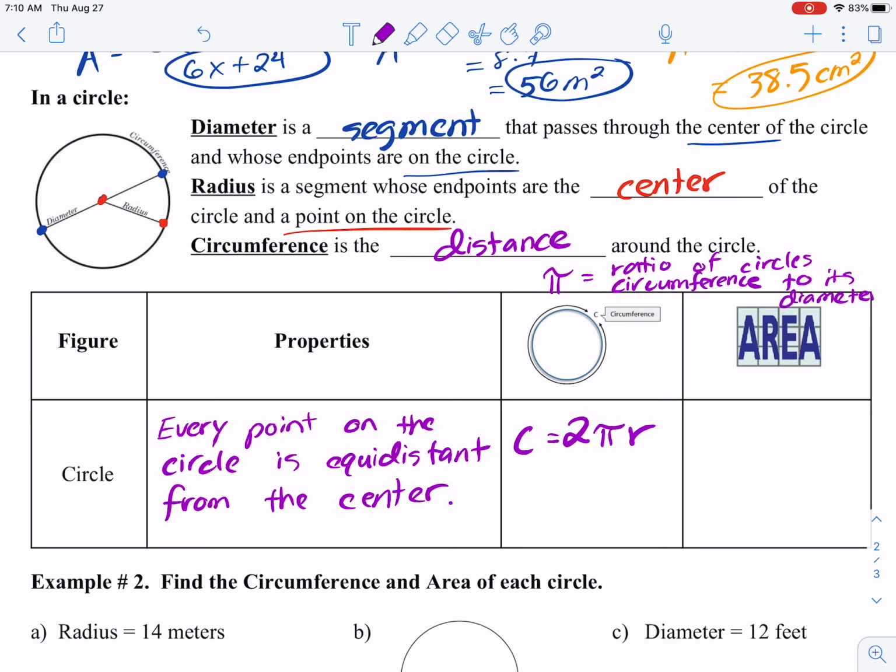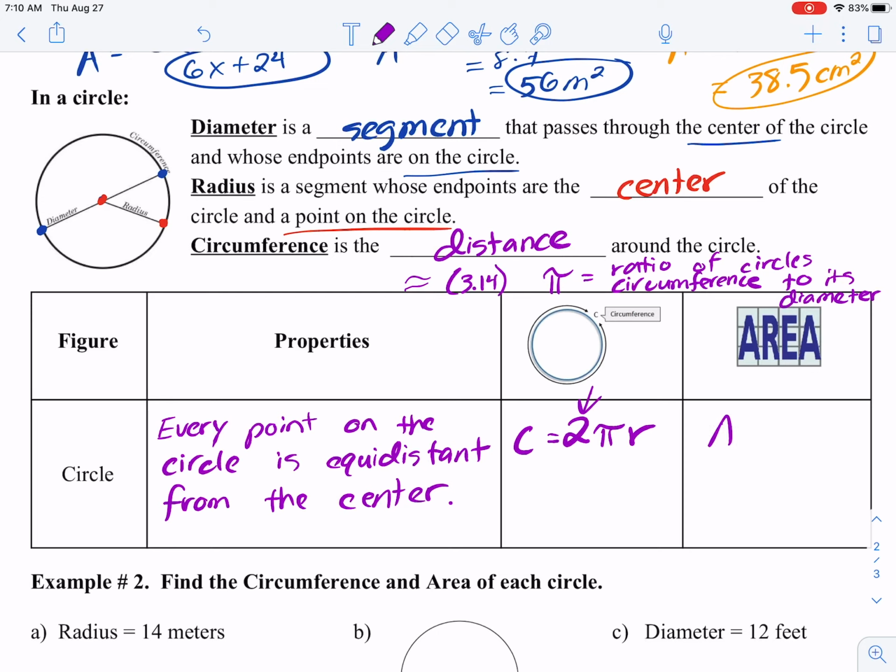So because it's the ratio of a circle's circumference to its diameter, that's why we need this 2 in our formula for circumference, because we need to double our radius to get our diameter. And this means the circumference is always going to be about 3.14, that's what pi equals, a longer irrational number that we're not going to list out, about 3.14 times the length of the diameter.